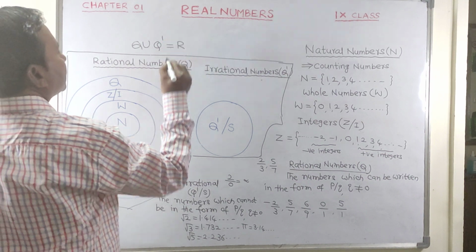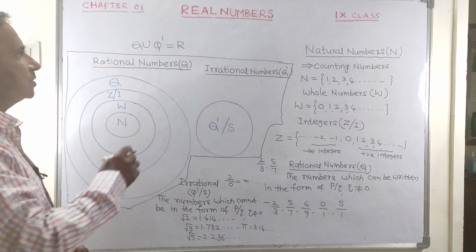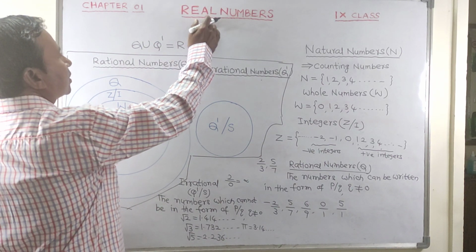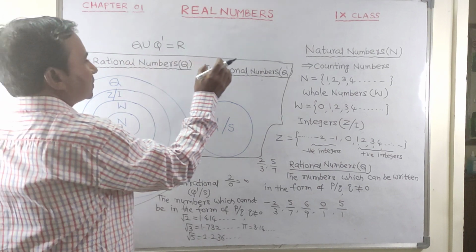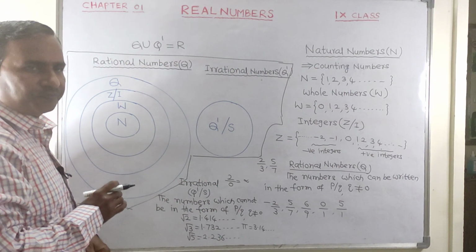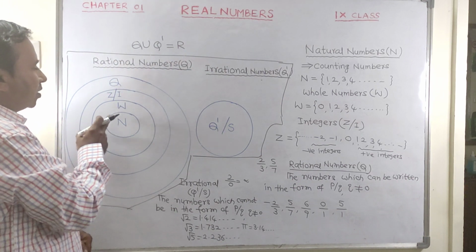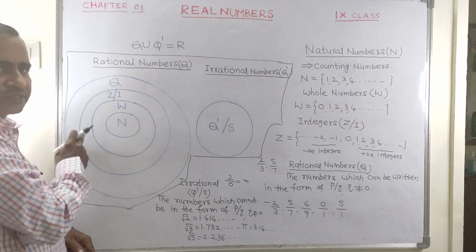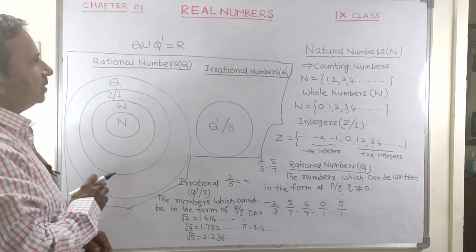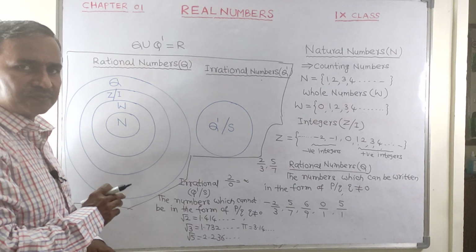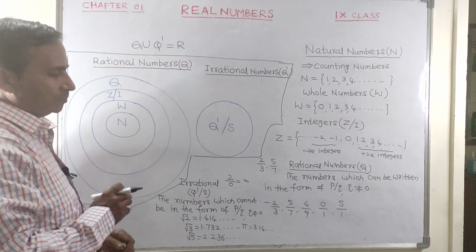The union of these two is the set of real numbers. Means real numbers include both rational numbers and irrational numbers, and in particular rational numbers include natural numbers, whole numbers, integers, like that. Okay, so this is about the introduction of the real numbers. Let us see some examples based on this.